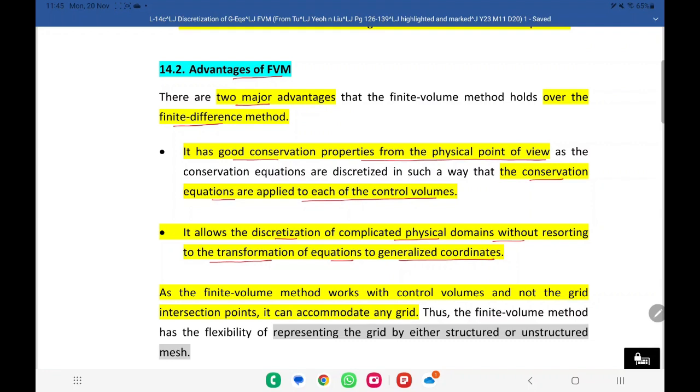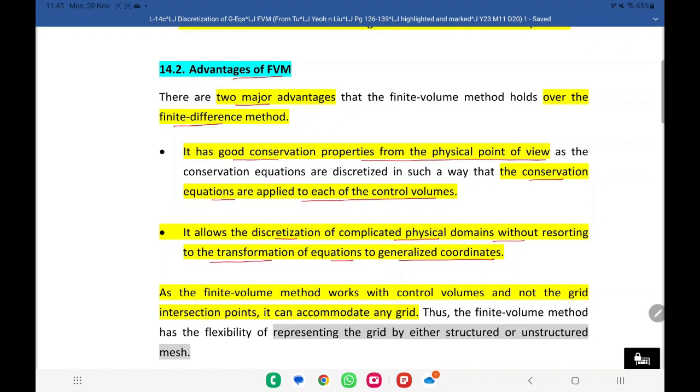So you will have to use generalized coordinates. We will talk about what generalized coordinates are. In generalized coordinates, we make an irregular shape into a rectangular shape, right?